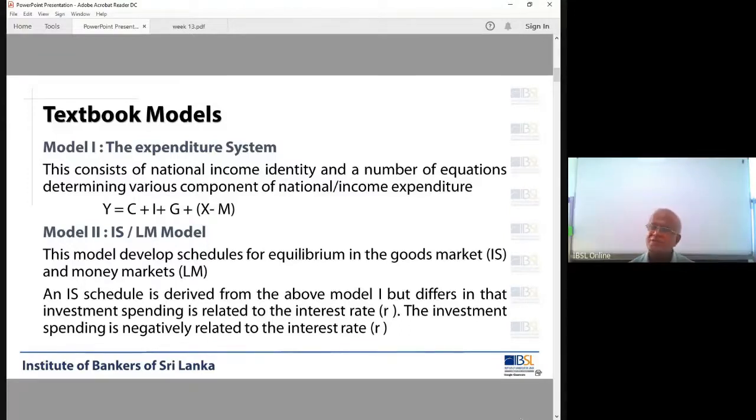The consumption function depends on either income or disposable income. We assume I and G constant. Now in the IS model, we assume that is not the case. Investment in the economy depends on the interest rate of the economy. How do we explain that? Why is that?